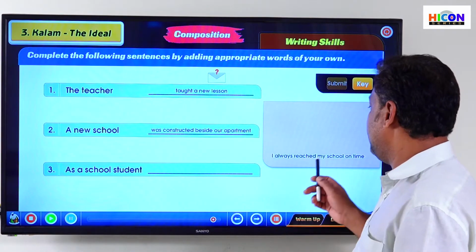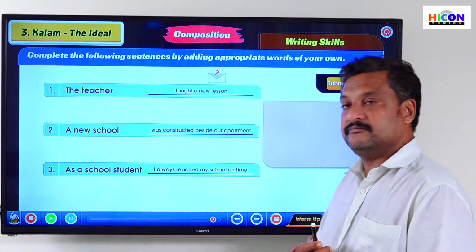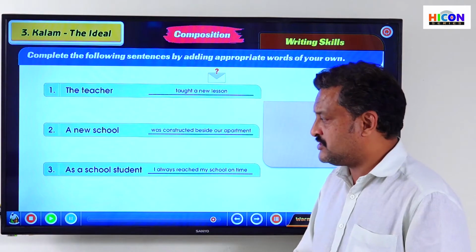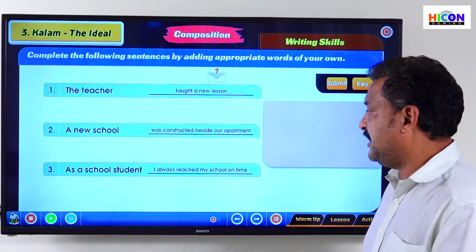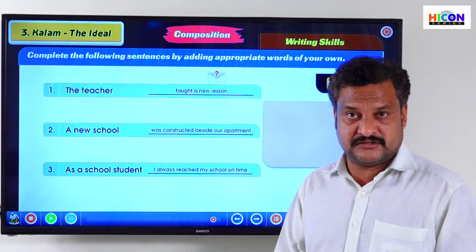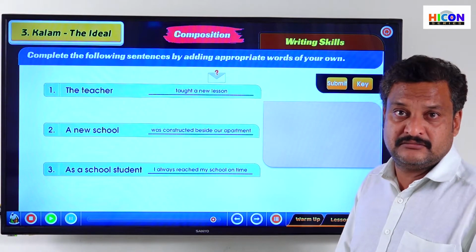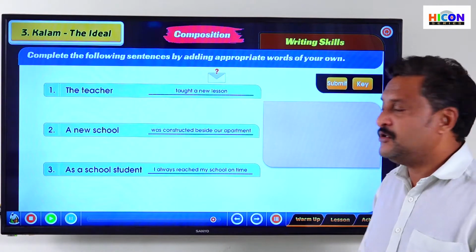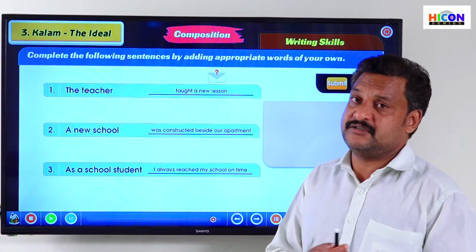As a school student, I always reach the school on time. Or we can write, as a school student, we should not be late to school. As a school student, we should obey our teachers. A new school is where I am going to join. So you can write any sentences, it doesn't matter. But try to write it yourself.